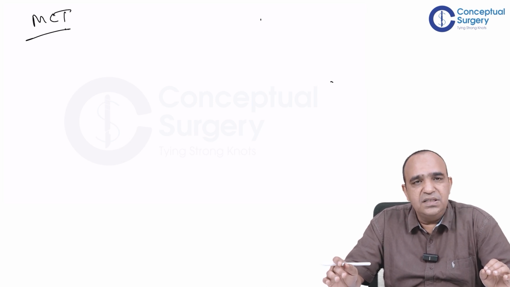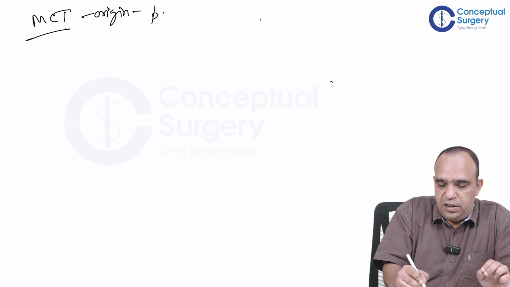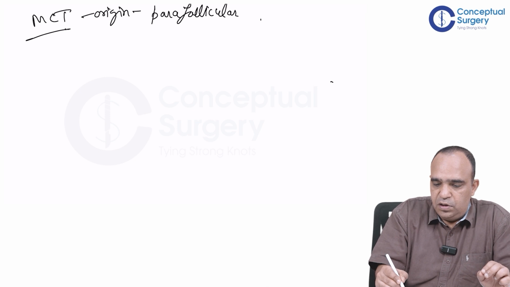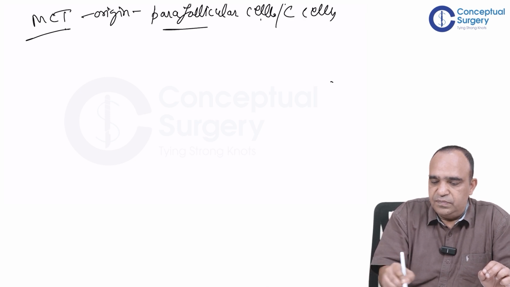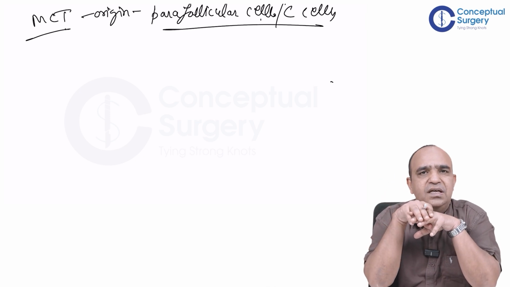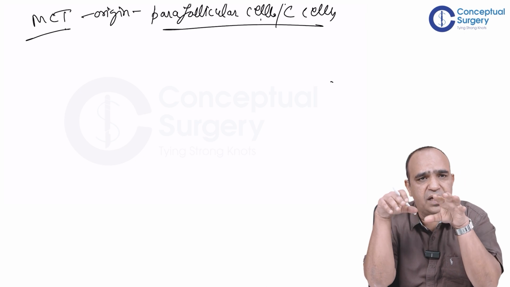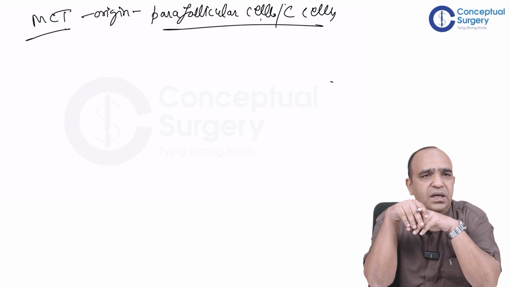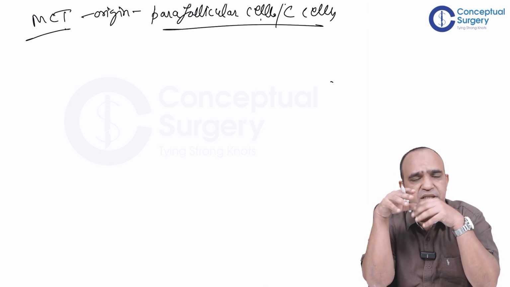Medullary carcinoma, it's a tumor of parafollicular cells. Origin is parafollicular cells, also known as C cells. You know the thyroid structure, follicles, follicular cells, where the thyroid hormones are synthesized using thyroglobulin, the precursor protein, and the enzyme thyroperoxidase and iodine as the raw material.